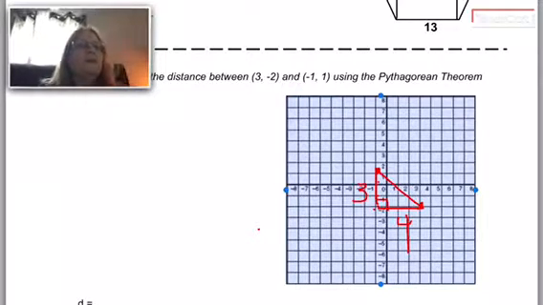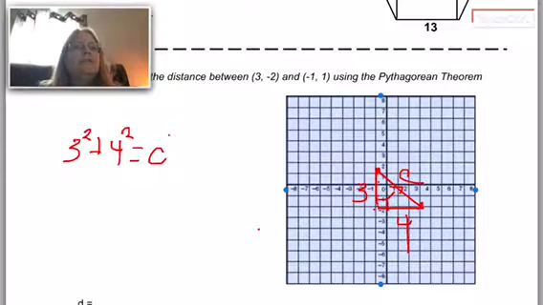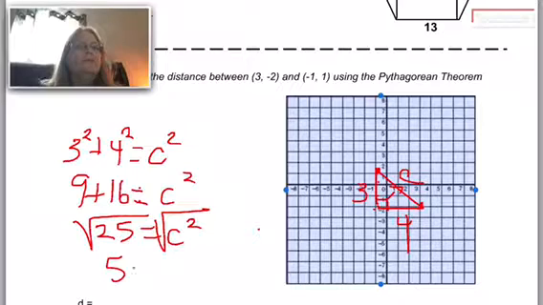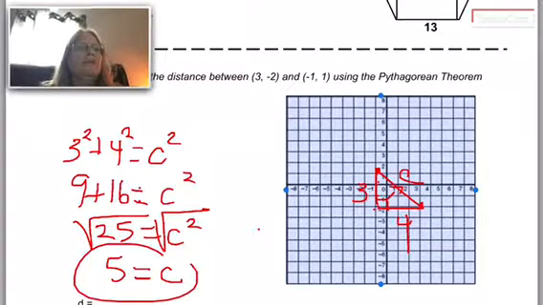And there's our right triangle. So 3 squared plus 4 squared is equal to c squared, and this side would be c, because it's across from 90. 9 plus 16 is equal to c squared. 25 is equal to c squared, and the square root is 5 is equal to c. So the length of this side is 5.